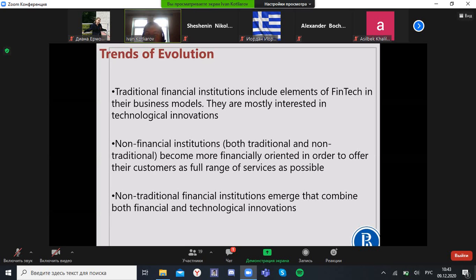Again, let's go back to Sberbank. As you know, Sberbank offers a lot of services which are different from their core financial business. For example, let's remember Sber Market, just a platform for sales of food and other products. So, both financial institutions and non-financial institutions are interested in building ecosystems. Non-traditional financial institutions emerge.